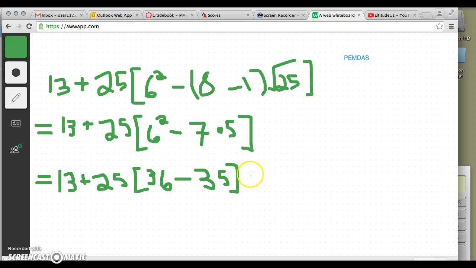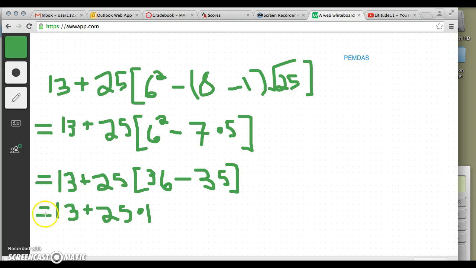So the last thing that we would need to do to take care of this grouping symbol is subtract 36 minus 35. So this mathematical expression is equivalent to 13 plus 25 times, once again, notice that there's no operation between the 25 and this expression inside of the brackets, so we know there's multiplication here. 36 minus 35, that would just be 1.